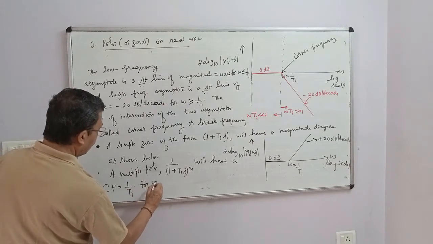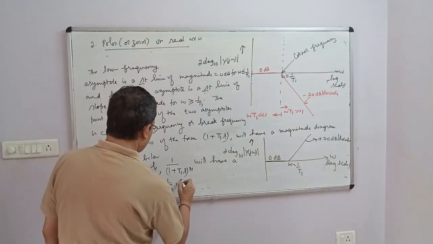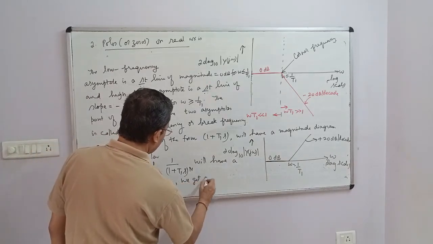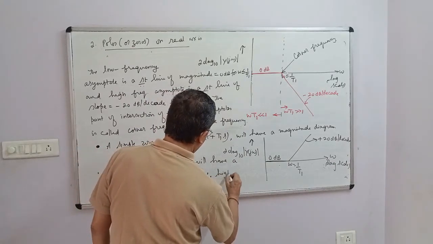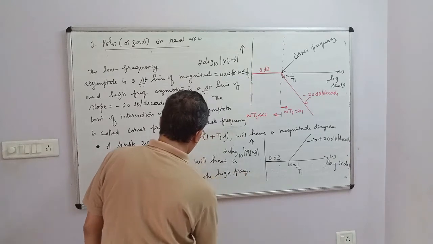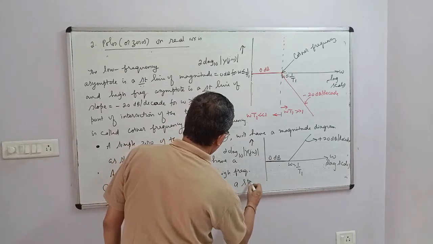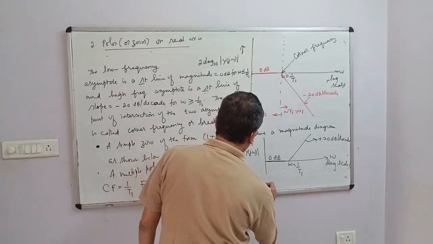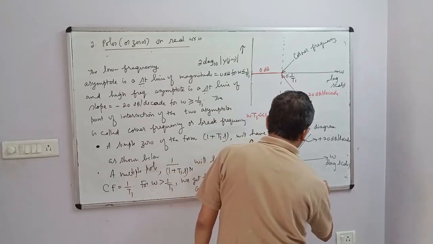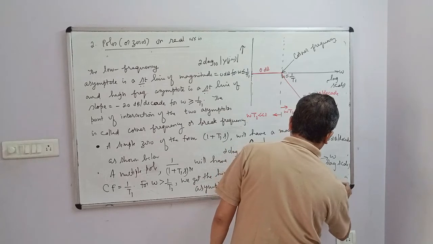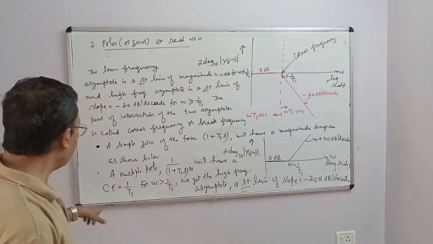For omega greater than 1 by T1, we get the high frequency asymptote, a straight line of slope equal to minus 20 into n decibels per decade.